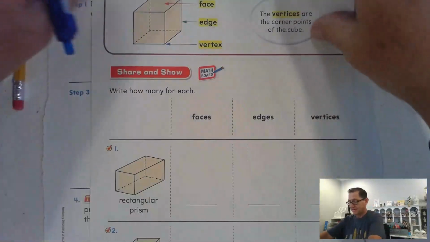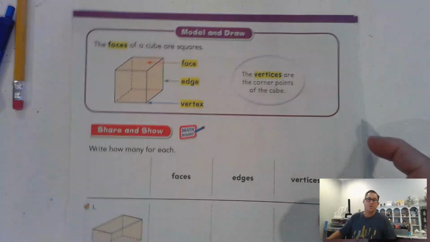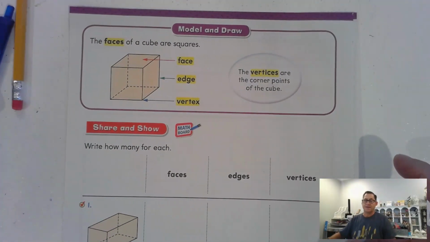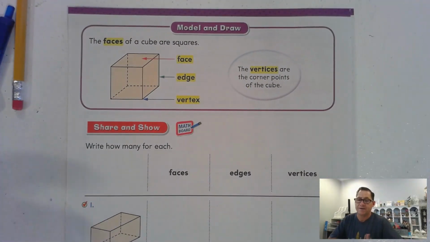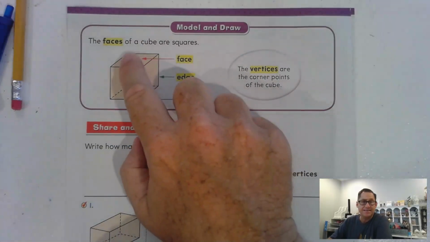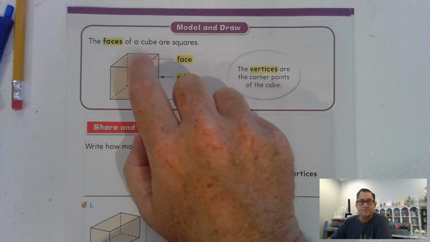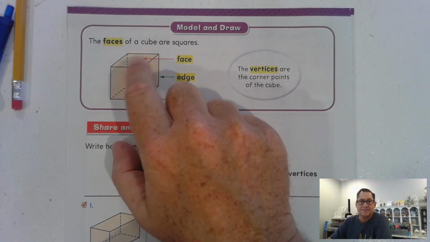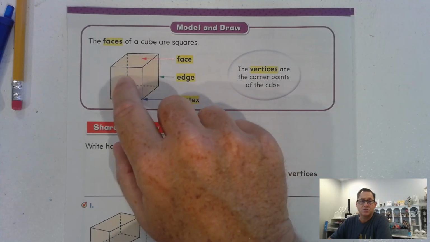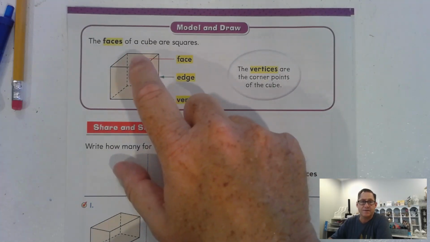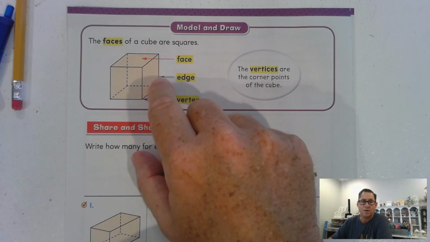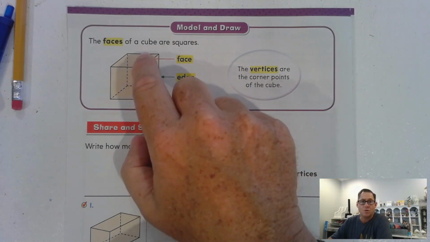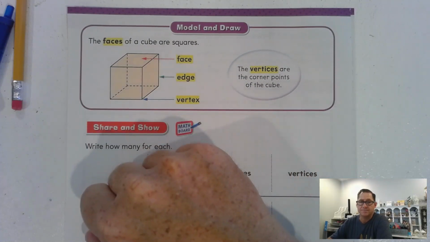On page 526, there are three terms I need you to understand and know for identifying cubes and rectangular prisms. A face is the flat surfaces all the way around. A cube has six square faces: one on top, one on the bottom, one on the right, one on the left, one on the back, one on the front.